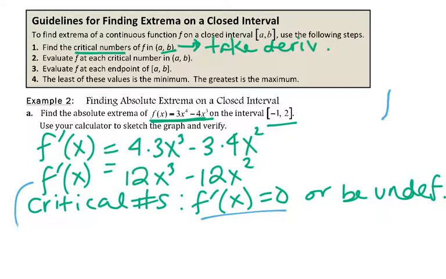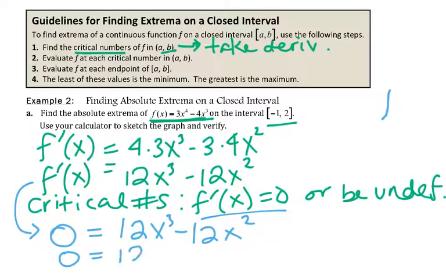So let's set f prime of x equal to 0. Alright, in order to solve this and figure out where our critical numbers are, I'm going to have to factor. So I'm going to factor out a 12x squared, and I'm left with x minus 1. I'm running out of space on this page, so I'm going to move up here.